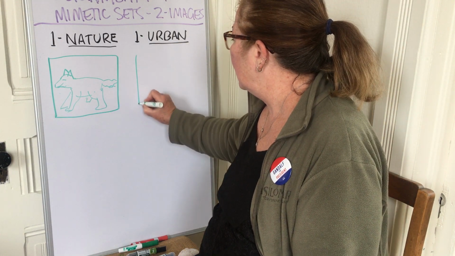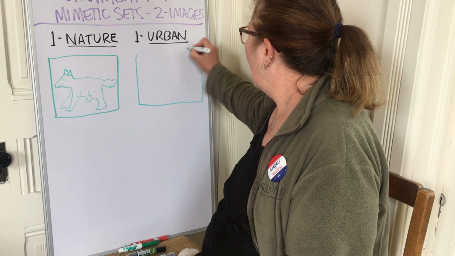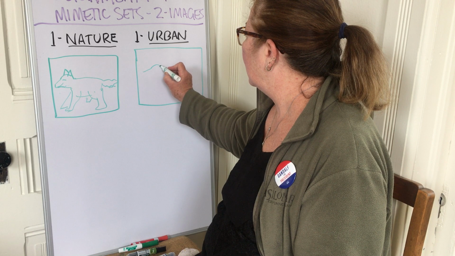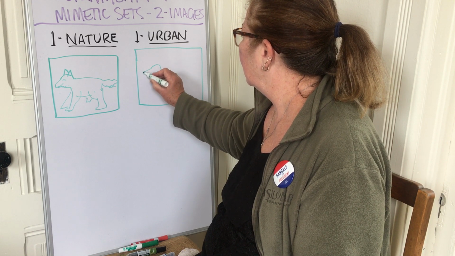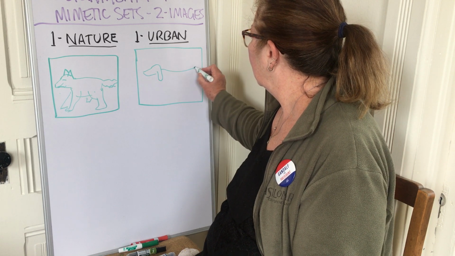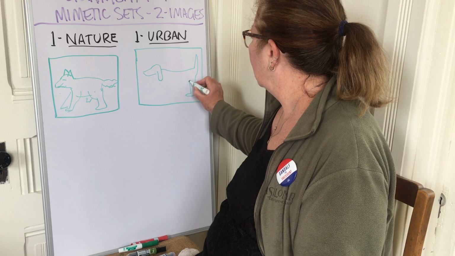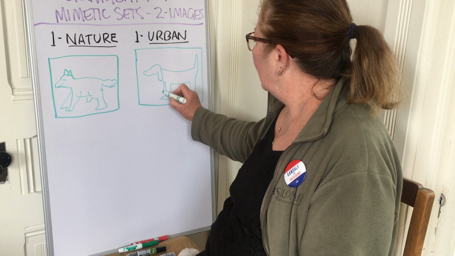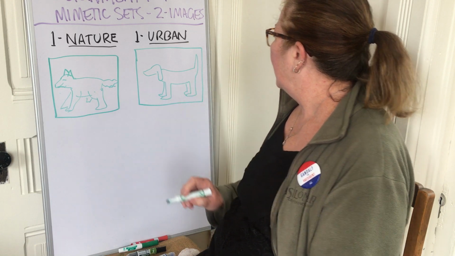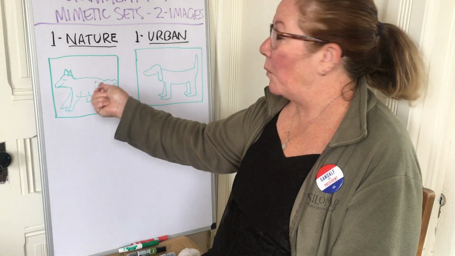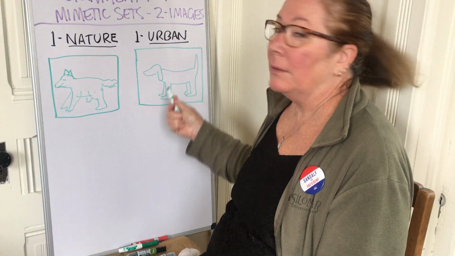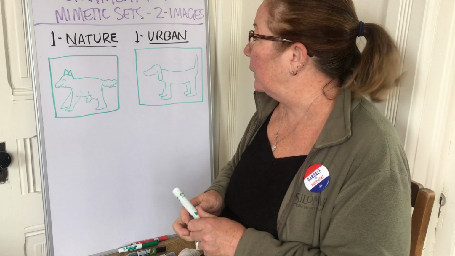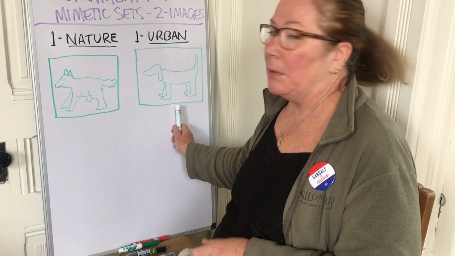Then they went into the city and they found a dog and they took a photo of a domesticated dog. Right? Not the best dog I ever drew either. So there you go. We got one in nature and one urban, okay? So you guys, domesticated animals are not in nature. That would be considered urban.